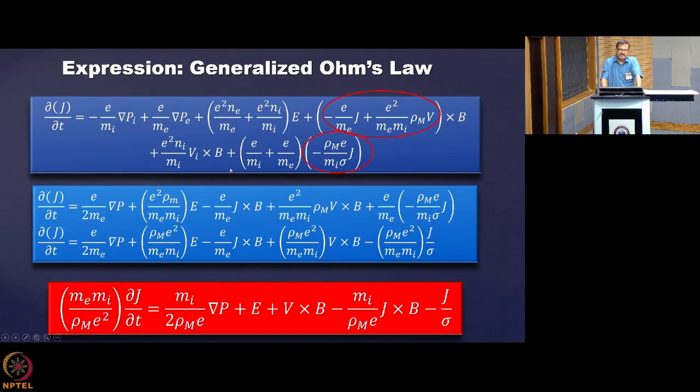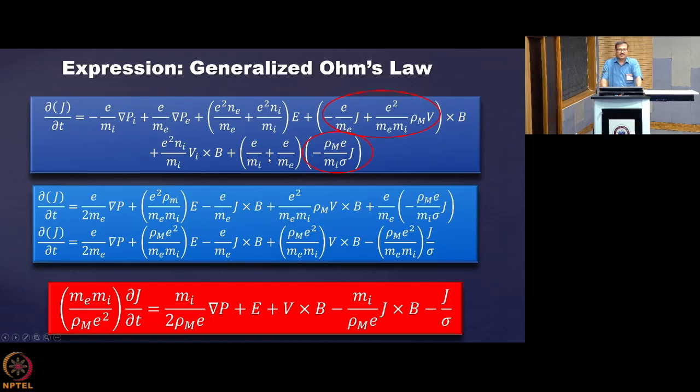So you finally get this term as e square rho m by me mi, and then multiplied by E, and then this term comes as minus of e by me into J cross B, and this term comes as e square by me mi into rho m into V cross B. And the other term, this one, is rho m e by mi into sigma, and then e by me.